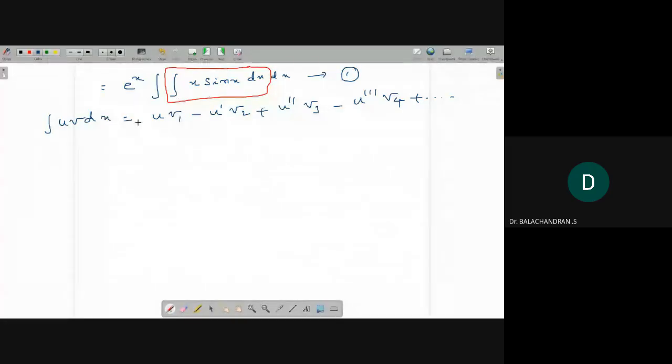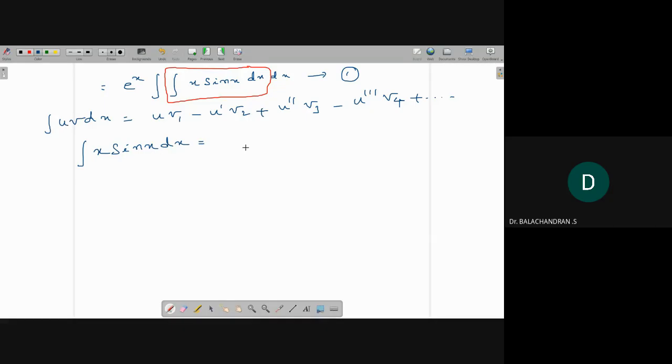Now we need to calculate the integral of x into sin x dx. This is u, this is v. If you know how to apply this formula, you can tell me.